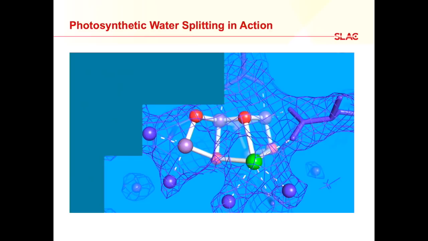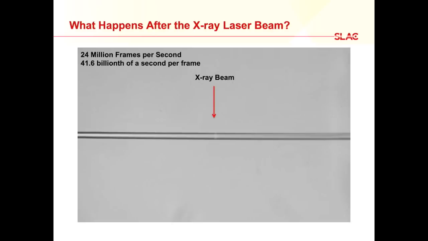So this is a very important prototypical example of what we can do in terms of measuring room temperature dynamics of important molecules to life. All right, so those are the only 2 examples of the biology that we do that I will show. And then I will show you what I consider spectacular movies of what happens after this X-ray illumination.